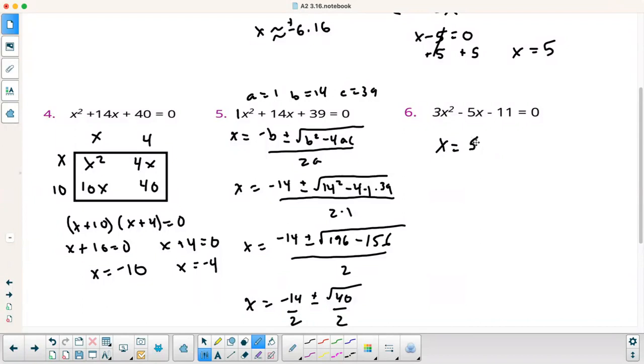x equals +5. So it's -5 because it's negative b. So this is a, this is b, this is c, -11. So -5 squared would be +25.